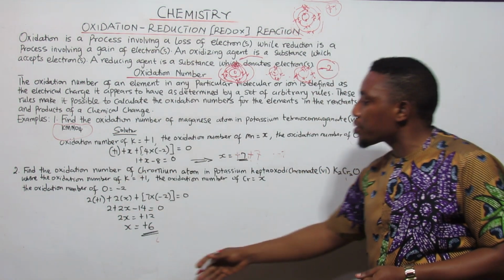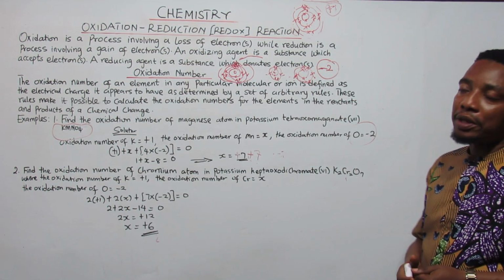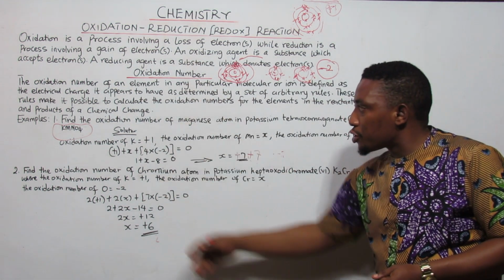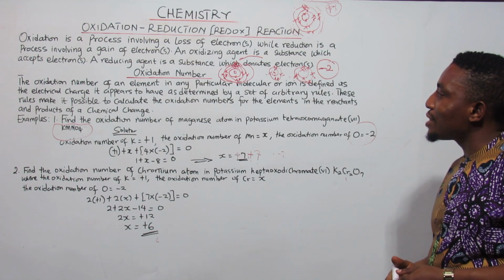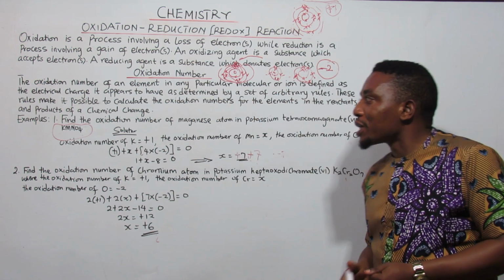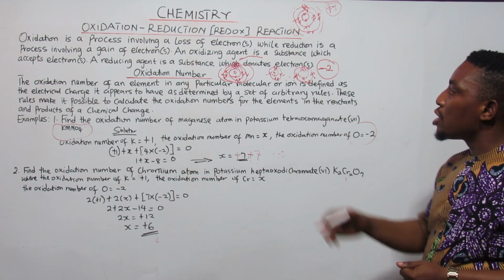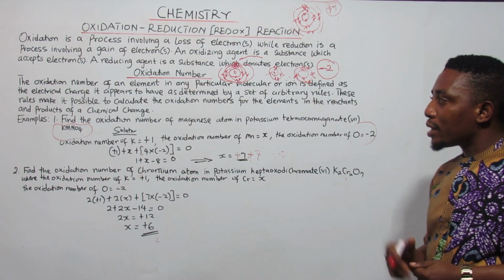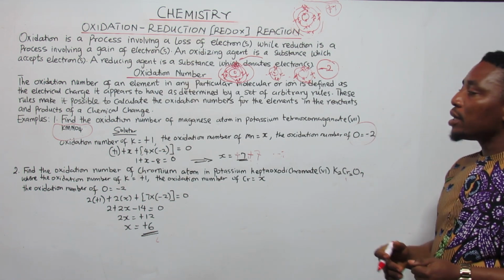So with this, you must know the oxidation number of a particular element before you can do calculations that involve oxidation number. So you must know what an oxidizing agent is. You must know what a reducing agent is. Like I already said before, an oxidizing agent is a substance that accepts electrons, while a reducing agent is a substance that donates.